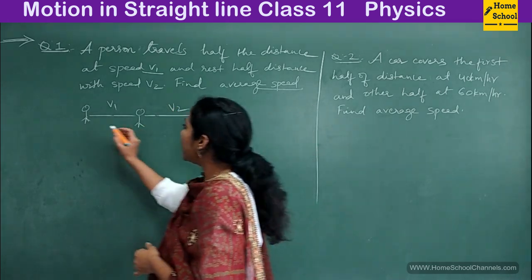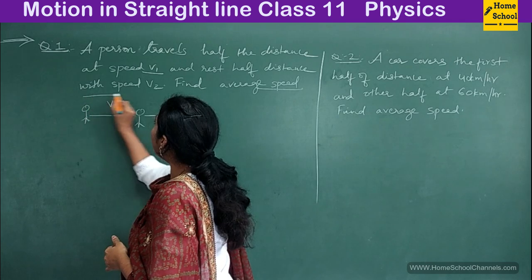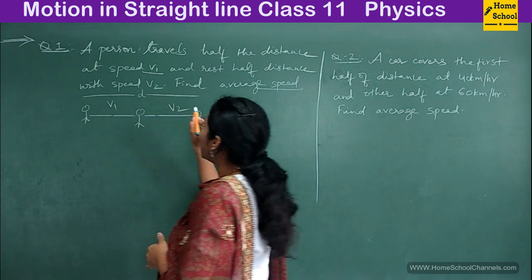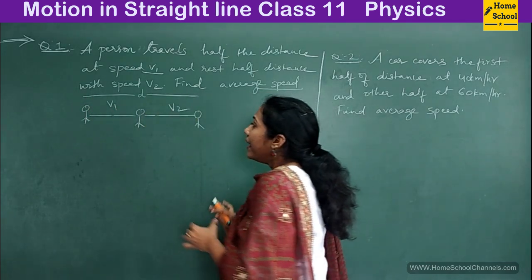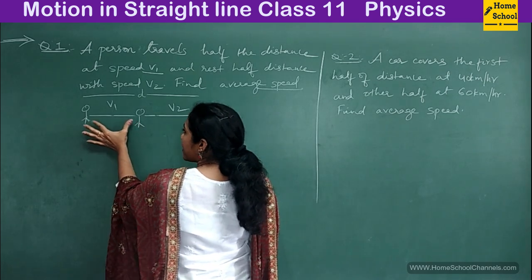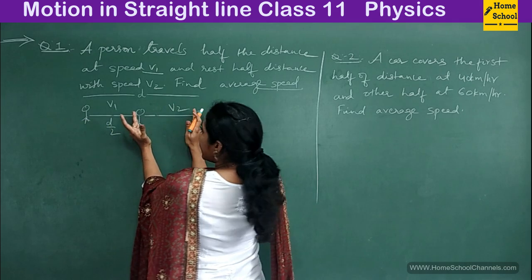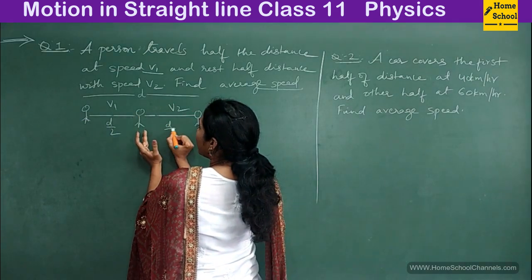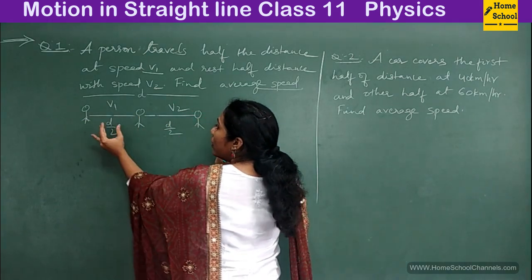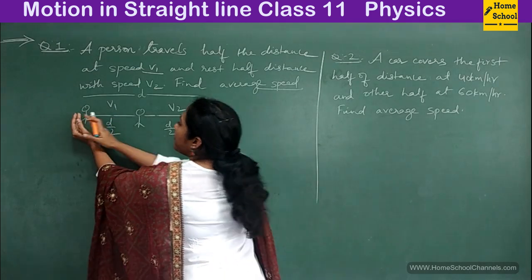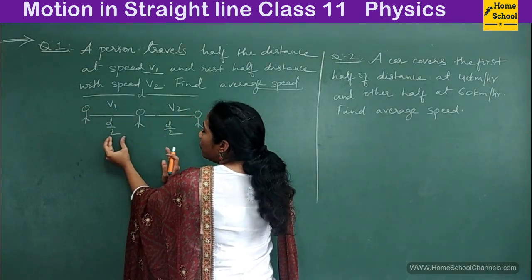So what is the total distance, guys? The total distance is d here. And what is this much distance? Half the distance means d by 2. And what is this distance? It is also d by 2. Distance from here to here is d by 2.